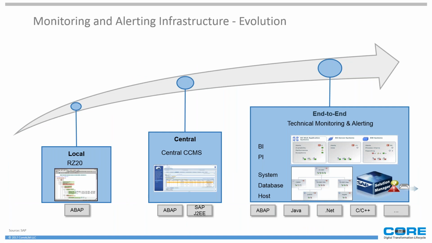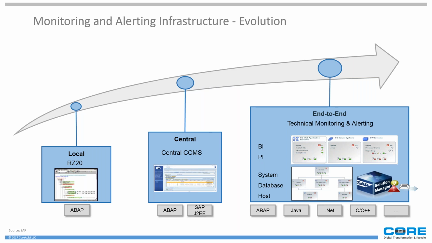Over time, how we got to where we are today is really SAP introduced the local CCMS many years ago, and then kind of moved on to central CCMS, where it helped you monitor the ABAP and the Java applications, but the latest and greatest technologies really enable you to monitor end to end. So you can see there are different perspectives.